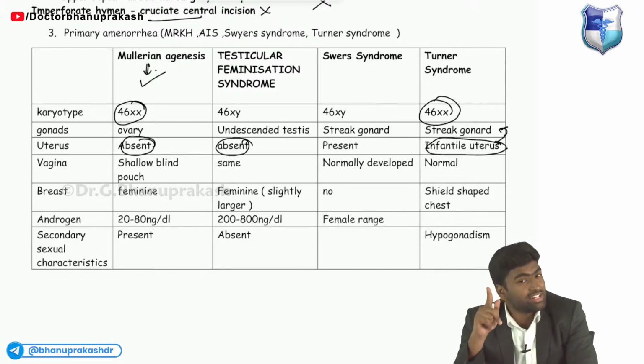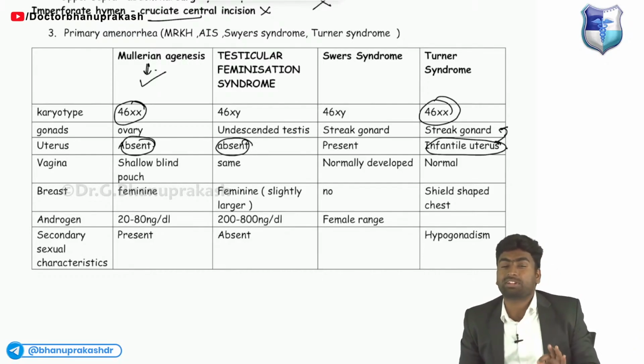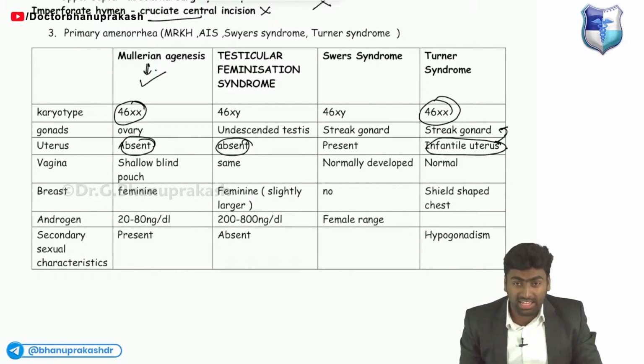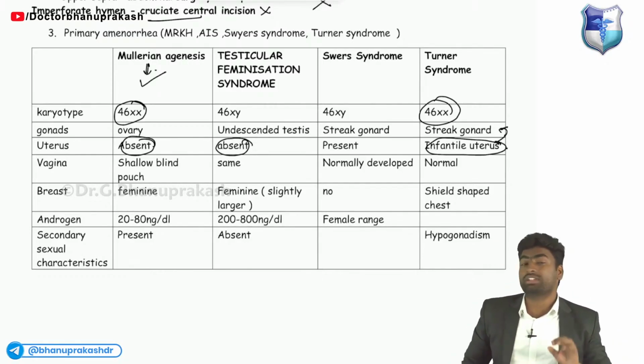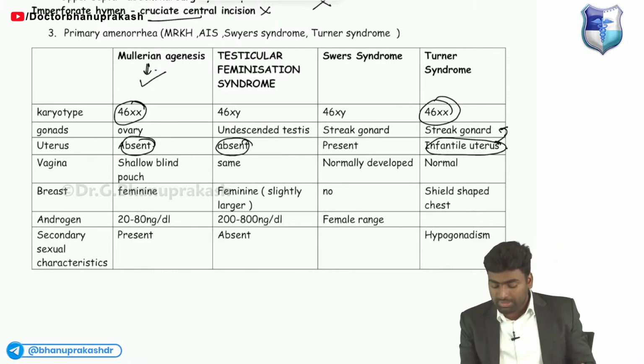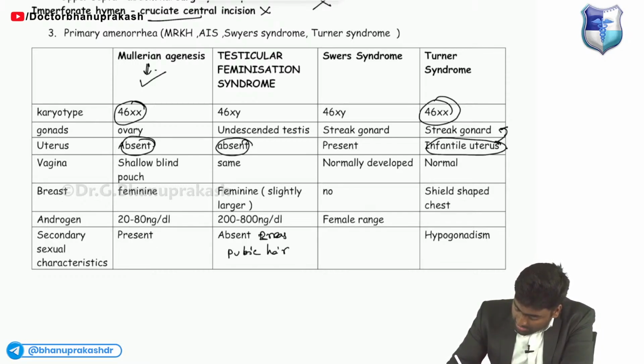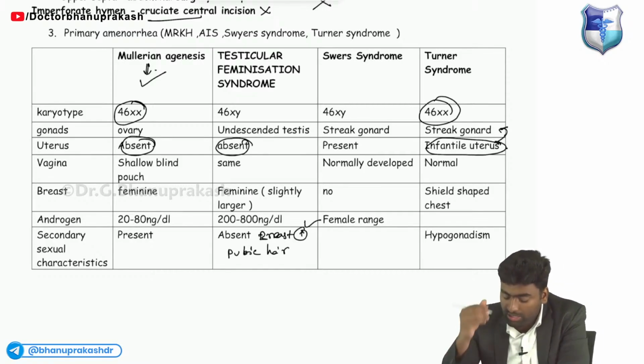Whereas in testicular feminization syndrome, there will be well-developed breasts, but absent pubic and axillary hair, because the dihydrotestosterone is not acting on the receptor. There will be proper development of the breast.